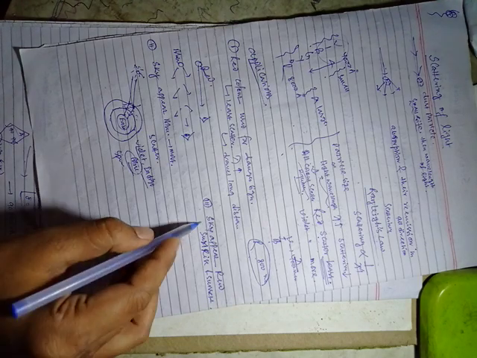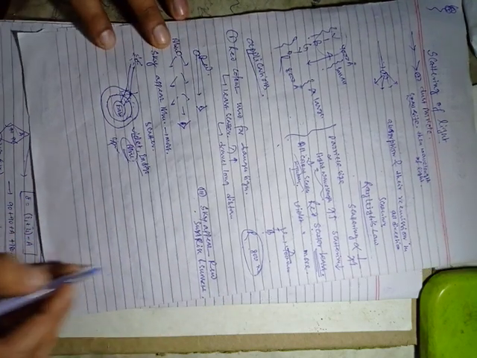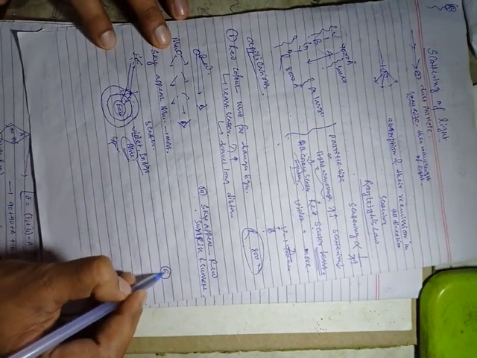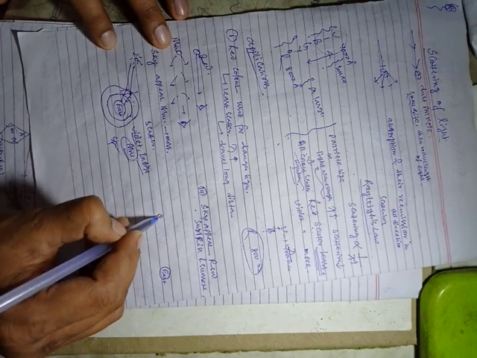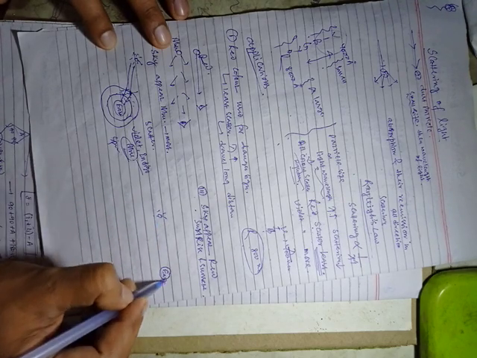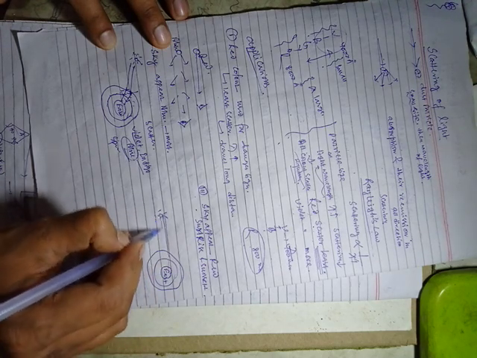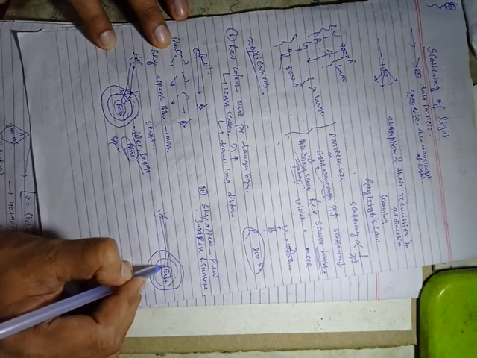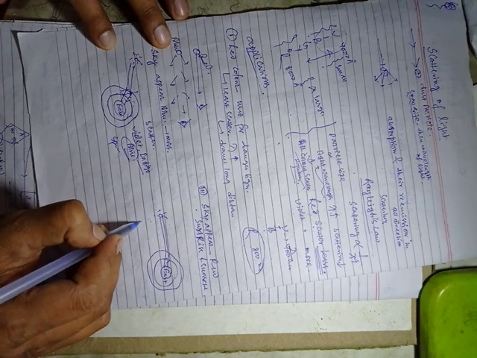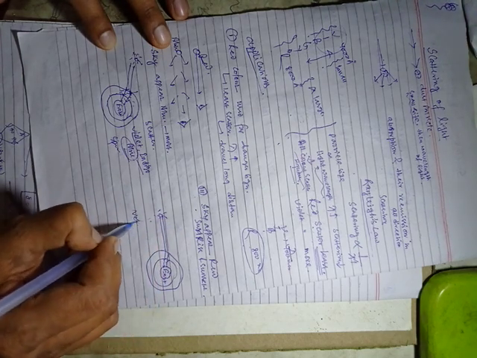But students, during sunrise or sunset, suppose this is the earth and the sun is around the horizon. Suppose this is the horizon and these are the atmosphere. So the light ray moves a long distance, then is refracted.